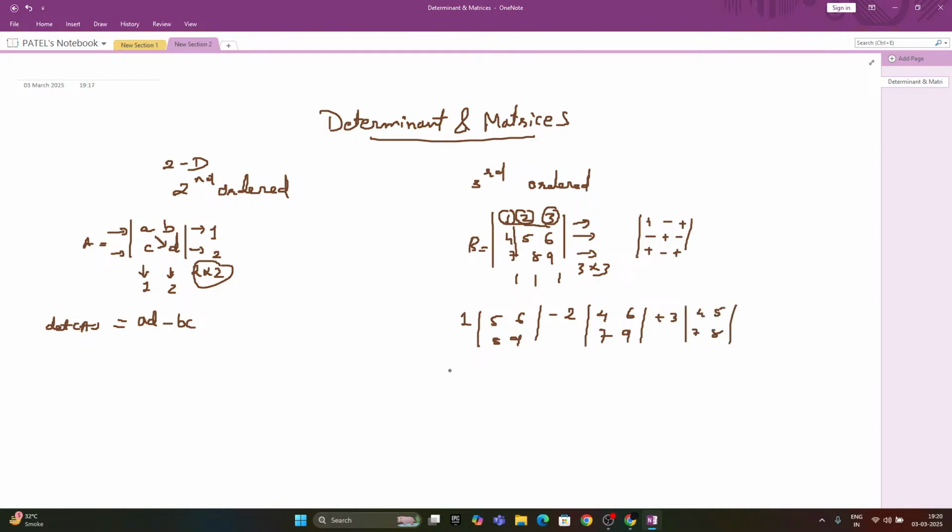It's a simple simplification: 5 nines are 45 minus 48, 7, 4 nines are 36, 42, and the 3.